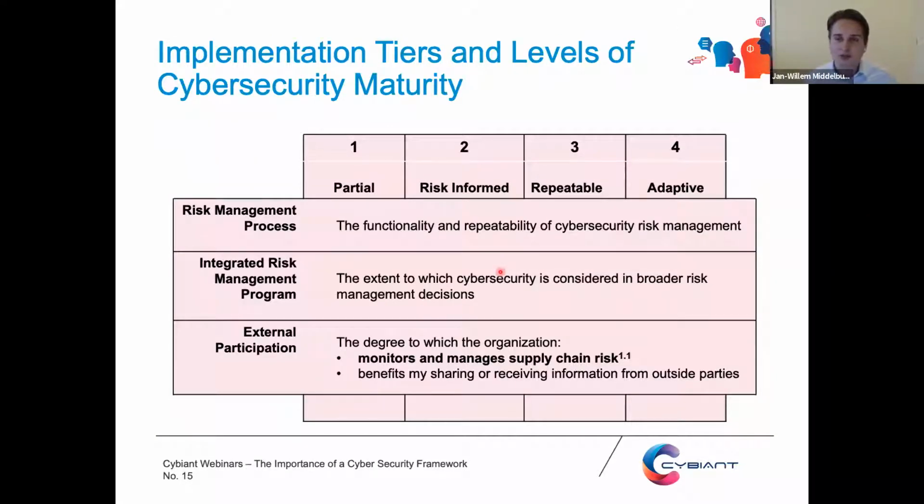And within the cybersecurity framework, there's typically 4 different levels of cybersecurity implementation maturity. And those are the ones that you see here on the slide. So they range from partial aspects in place towards being risk informed, having repeatable processes and measures in place, and adaptive measures, making sure that you are able to adapt them.